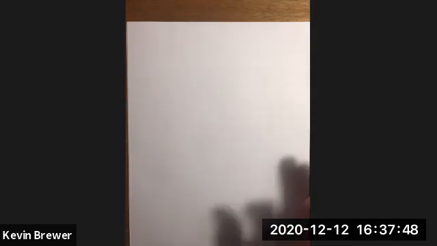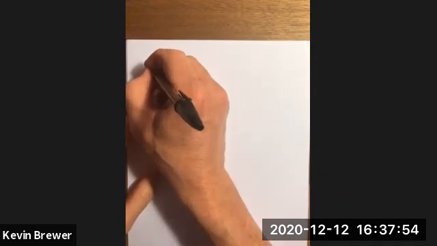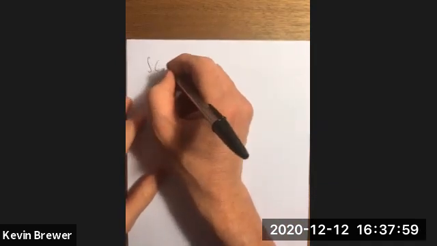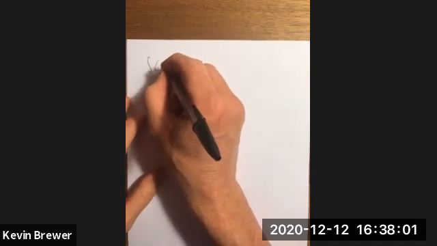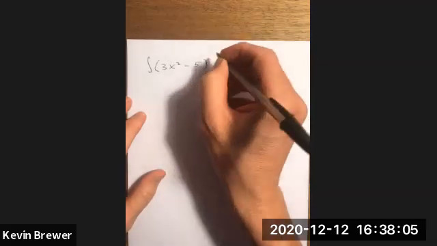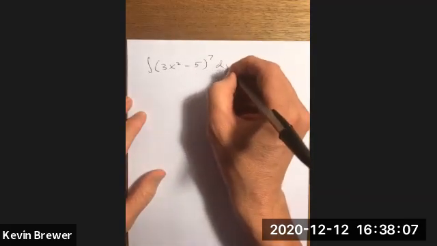The next problem is, in certain ways, shorter than the others. Let's evaluate the integral of 3x squared minus 5 to the 7th.